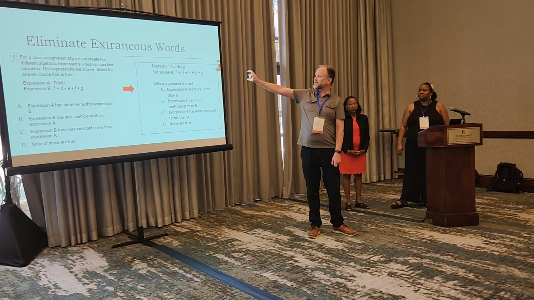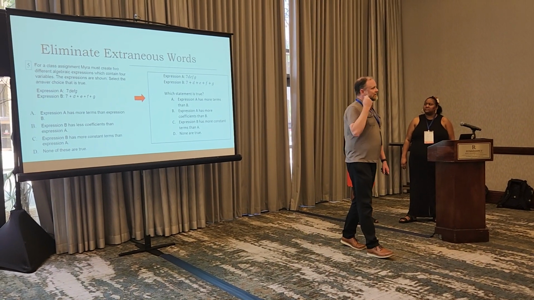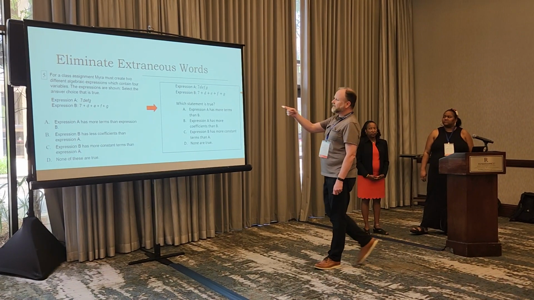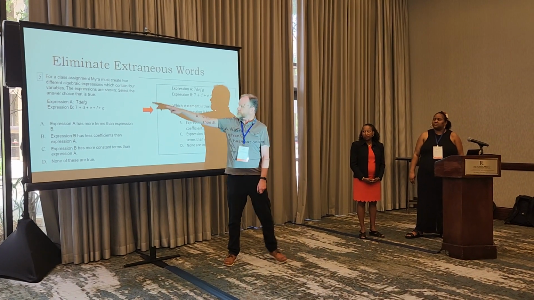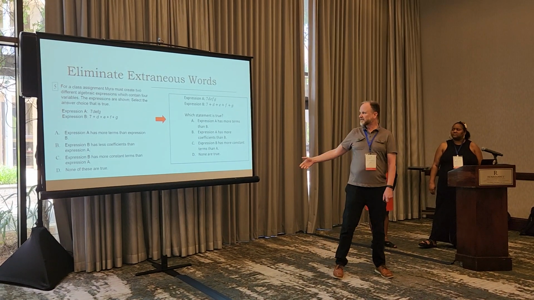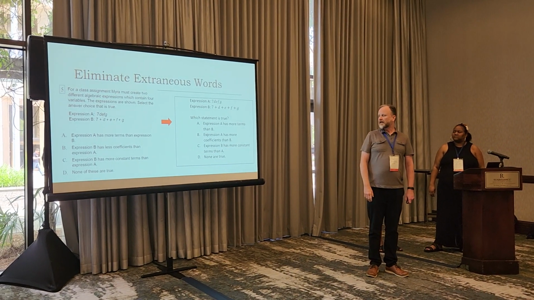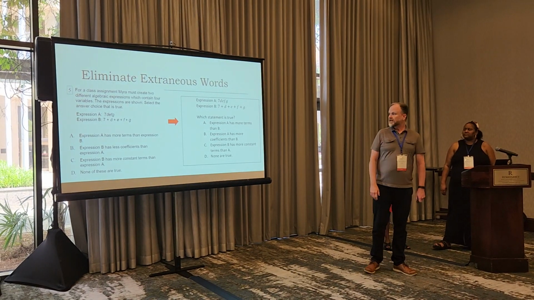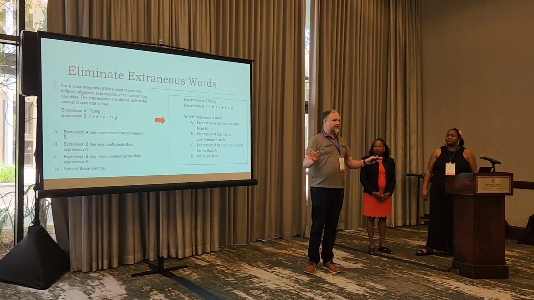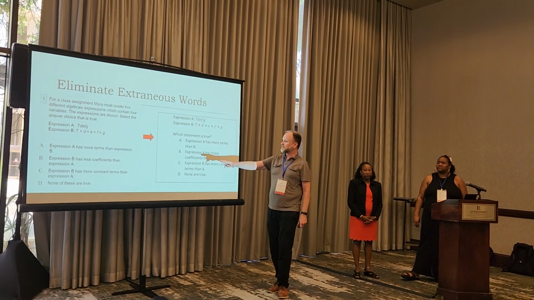So I had students reading that paragraph, trying to figure out what that paragraph is, spending a lot of time trying to understand what's going on there. And then they get to the two expressions, and really all they have to identify are the coefficients, constants, and variables. So I took that whole paragraph out for them. It's not needed, it's not what I'm trying to test.